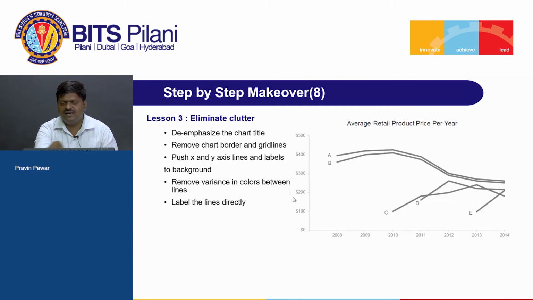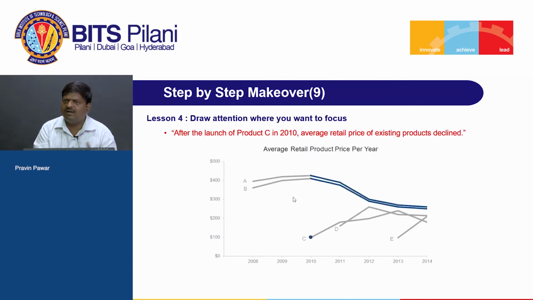Whatever line product A is, the series is directly labeled at that point, and so on for the rest of the products. In this way, we identified certain unnecessary elements and tried to get rid of them from the visual that we plotted.